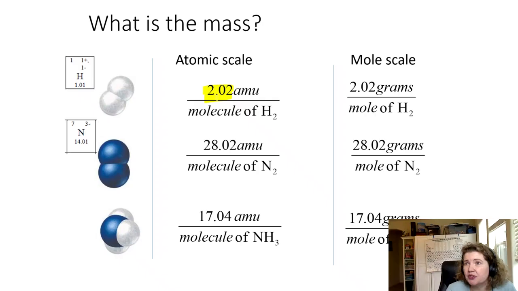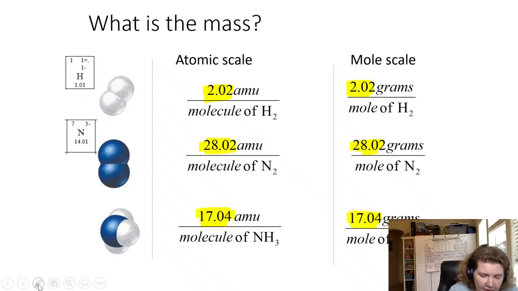On the mole scale, notice that the value stays the same. If it's 28.02 on the atomic scale, it's 28.02 on the mole scale. If it's 17.04 on the AMU scale, it's 17.04 on the gram mole scale.